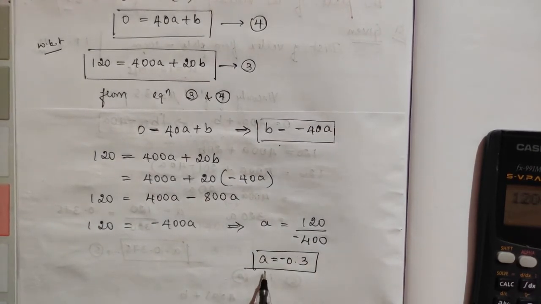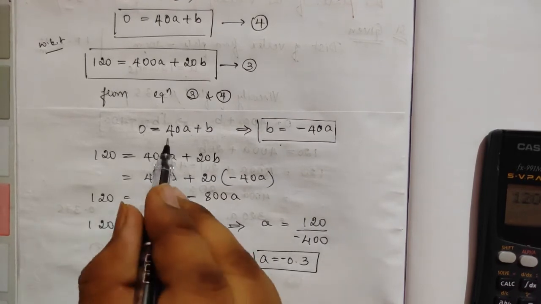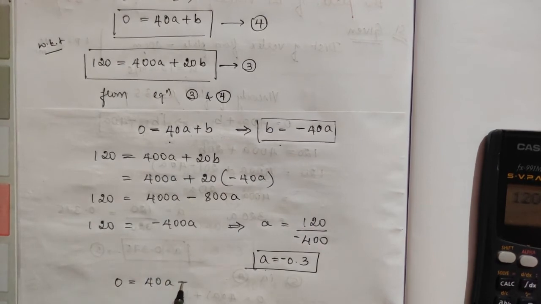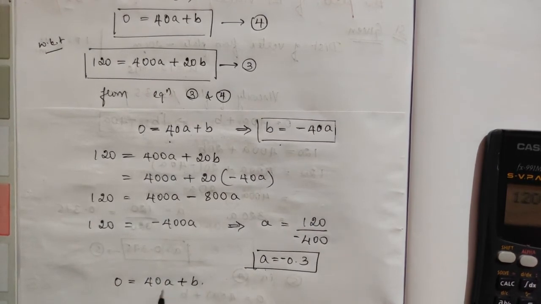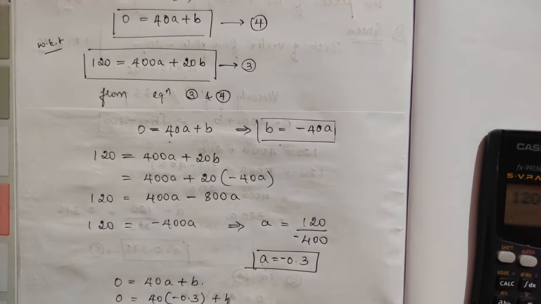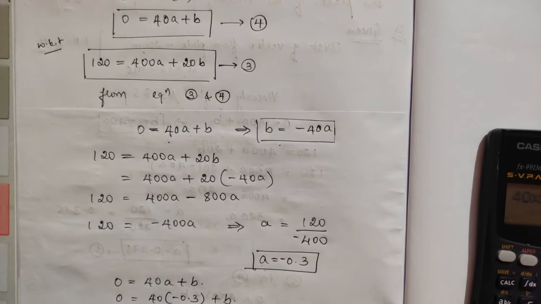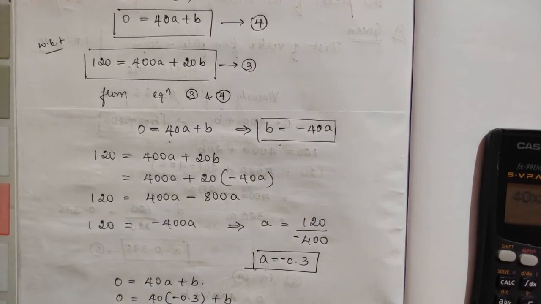So when I substitute a is equal to minus 0.3 in the equation 0 is equal to 40a plus b, we get 0 is equal to 40 into minus 0.3 plus b. So 40 into 0.3 is nothing but 12, so 0 is equal to minus 12 plus b.